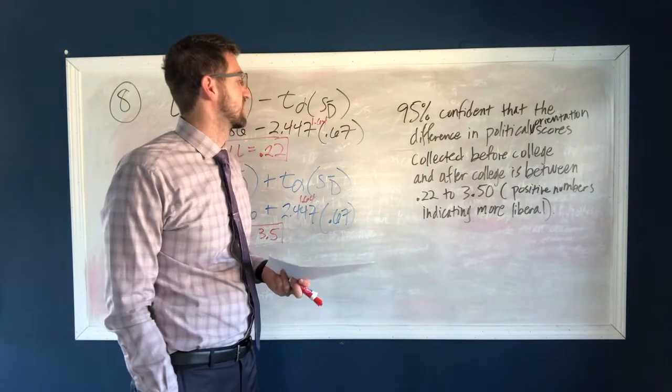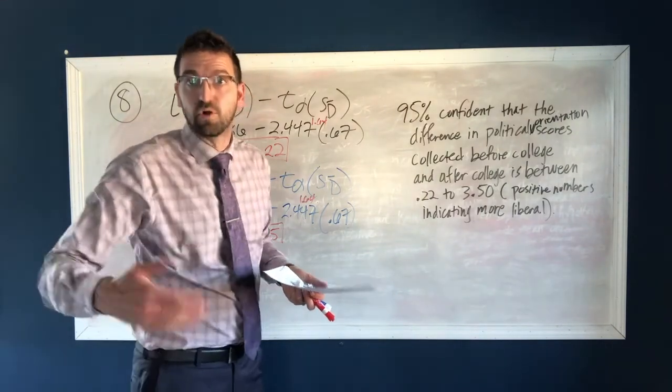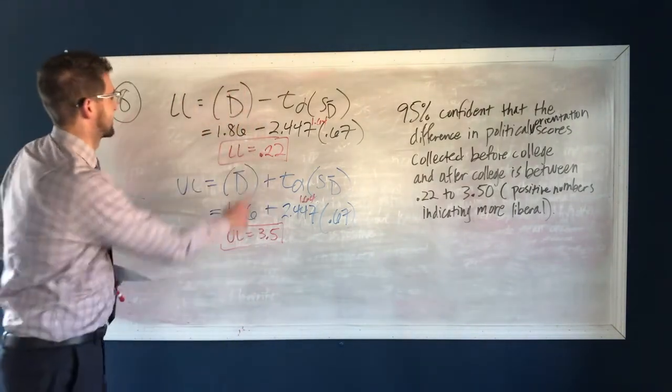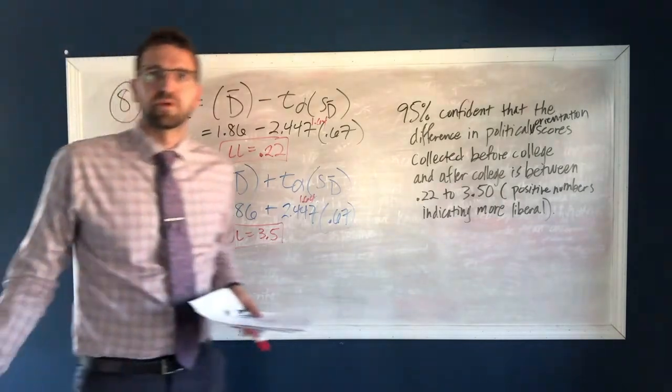Positive numbers are indicating more liberal. Okay, so 0.22. Okay, perfect.